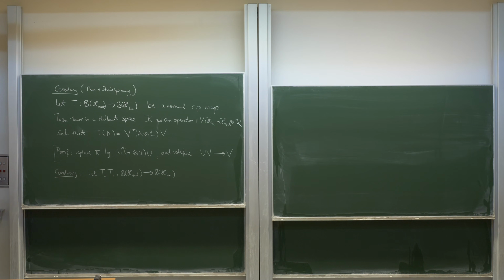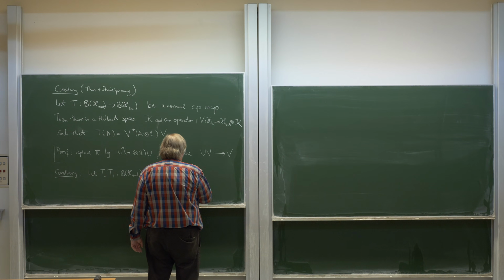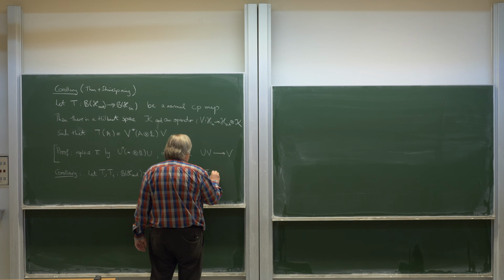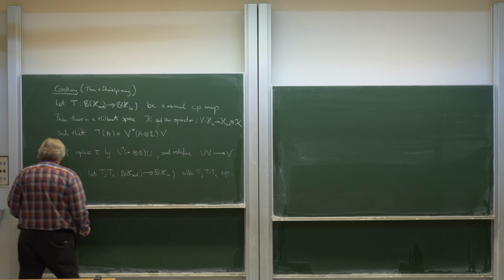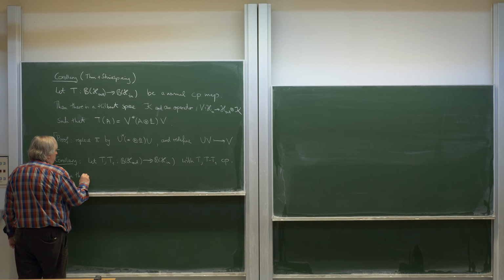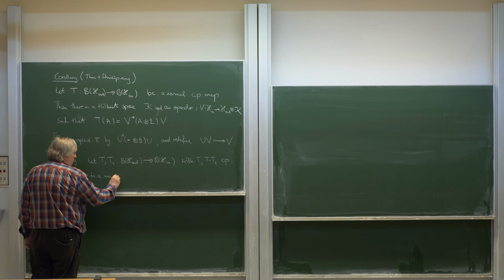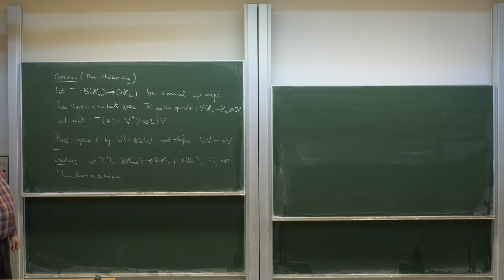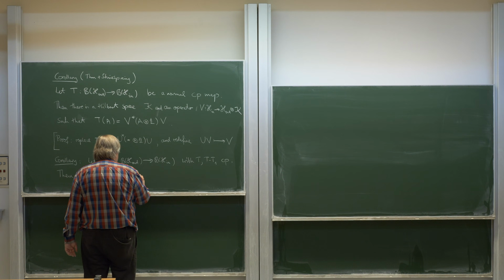So we have two completely positive maps, with T and T minus T1 CP. Then there is a unique, there was this rather Radon-Nikodym sort of derivative, call it F1.